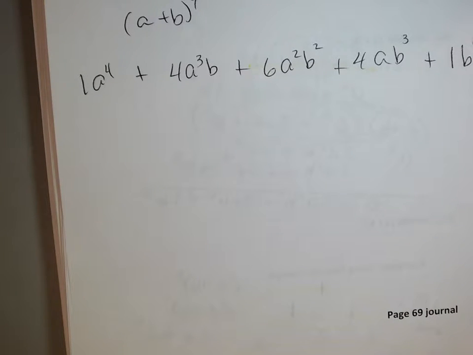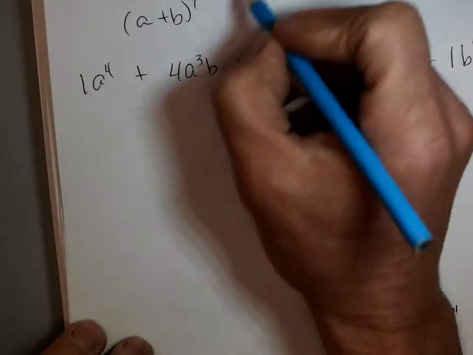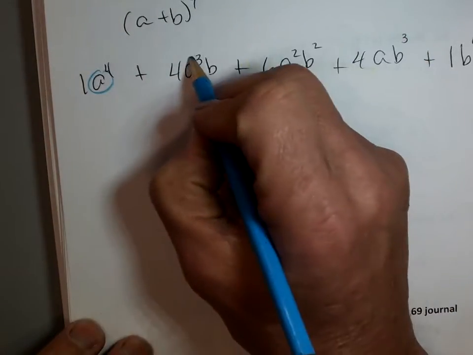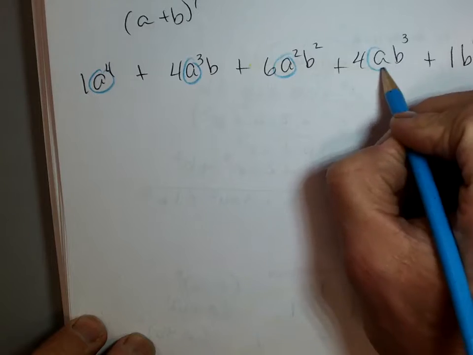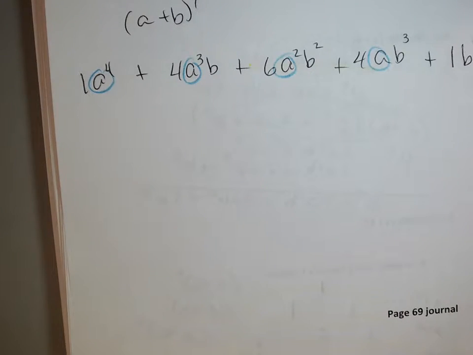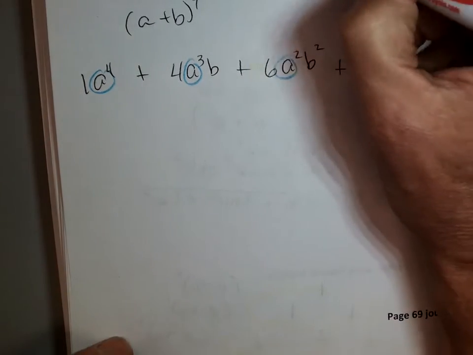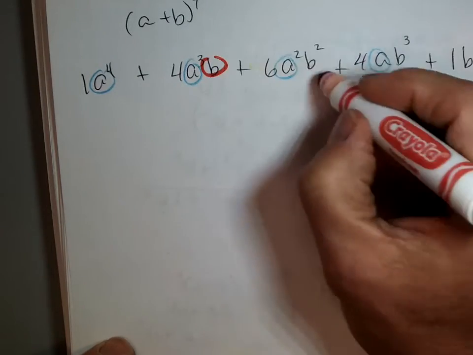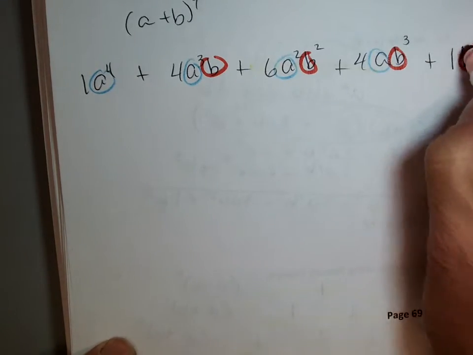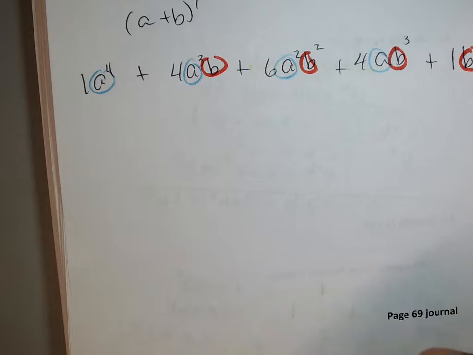Now, all we need to do, and it gets a little bit complex, is substitute 2x for all my a's, right? And substitute my 3 for all my b's, right? So it's going to look like this.